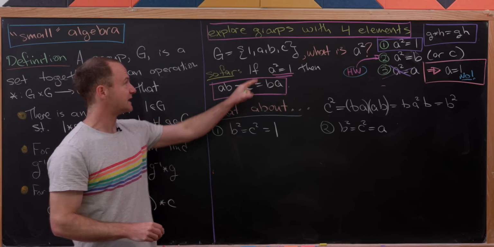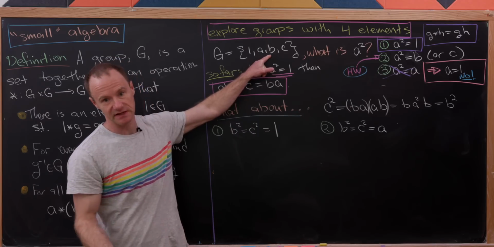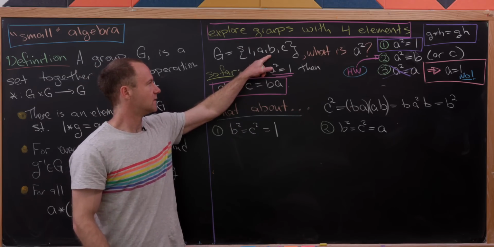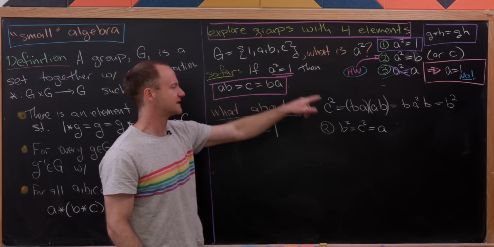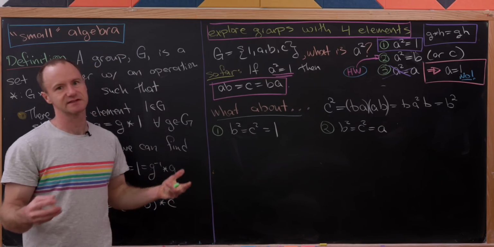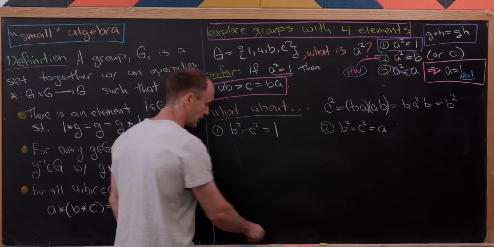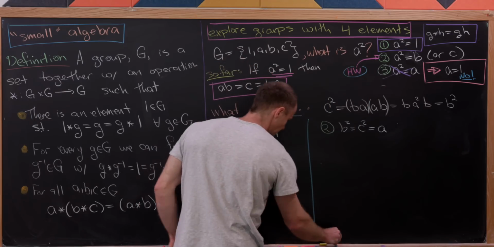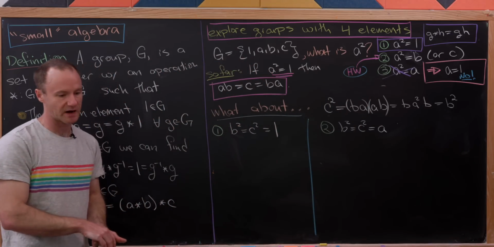That's because b squared is not allowed to be b, because that means b would be the identity, just like we saw before with a. And b squared cannot be c, because then c would be the identity, but that's the same problem that we had when we were looking at values of a squared over here. Okay, so those are our 2 possibilities.